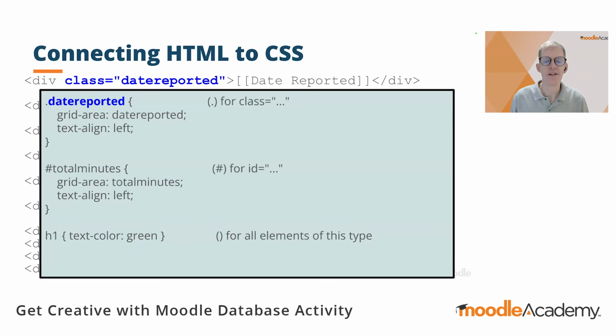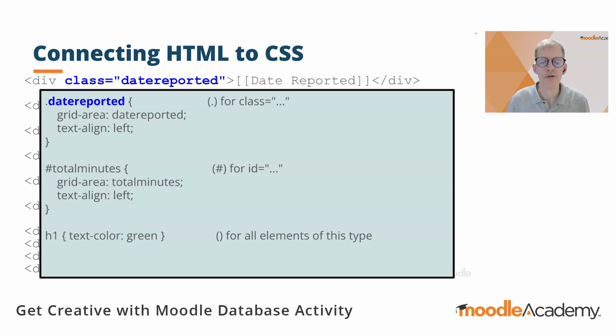The div in the HTML with a class equals date reported will make use of the CSS rules in this .date-reported. Okay, what are those rules? Well, the element will be assigned to the grid area called date reported. Remember our grid area from the earlier description? And the contents of this element will have a text alignment of left. So that means the text will be left justified. Okay?